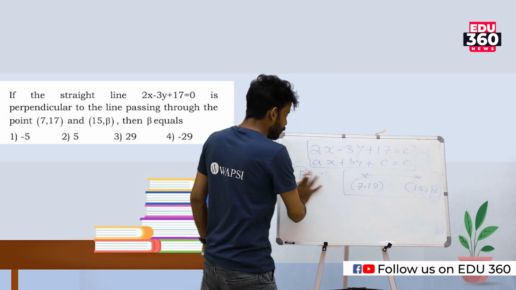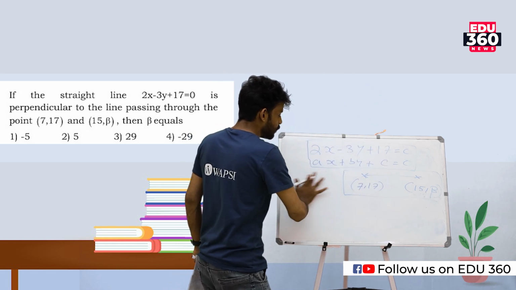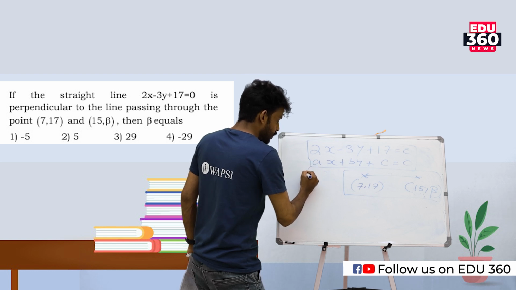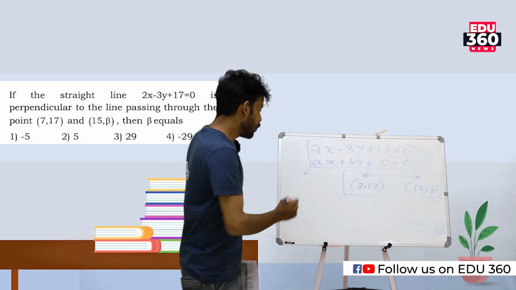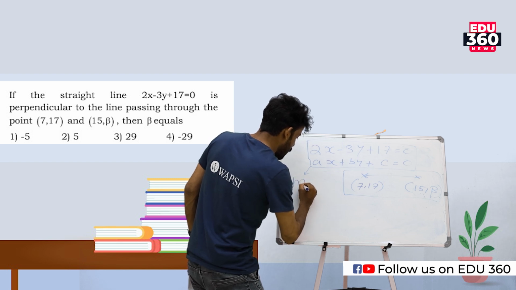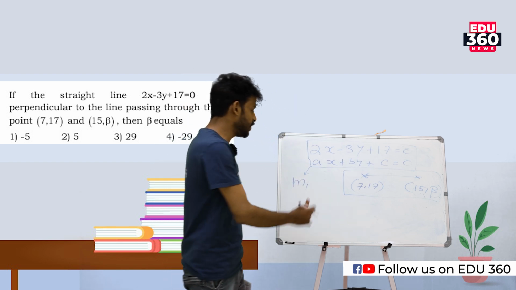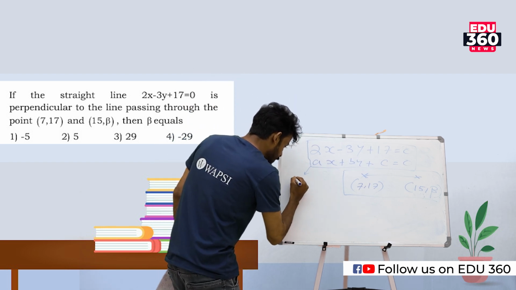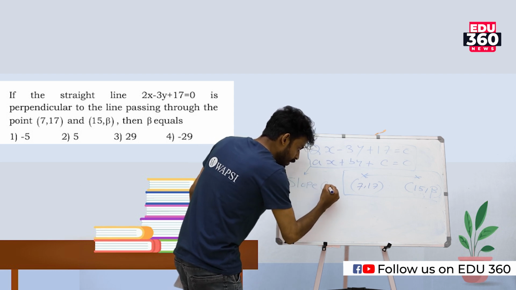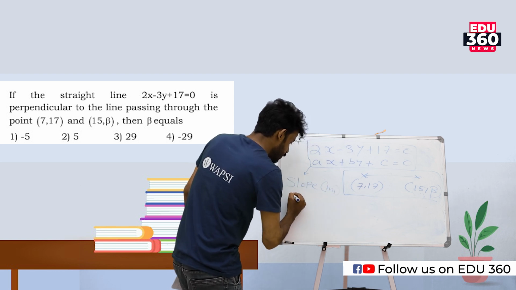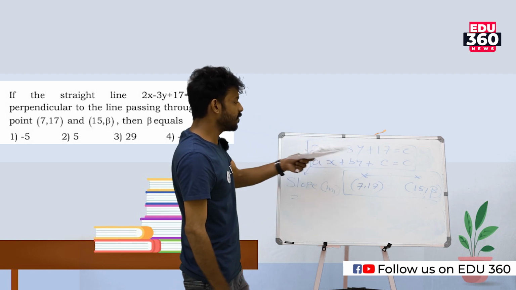Okay, we know that slope is represented by the letter m. So for the first one, I'm going to represent the slope as m1.